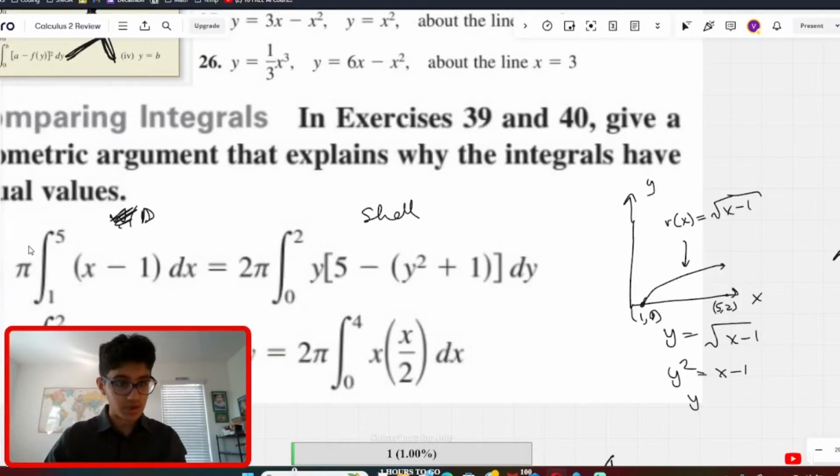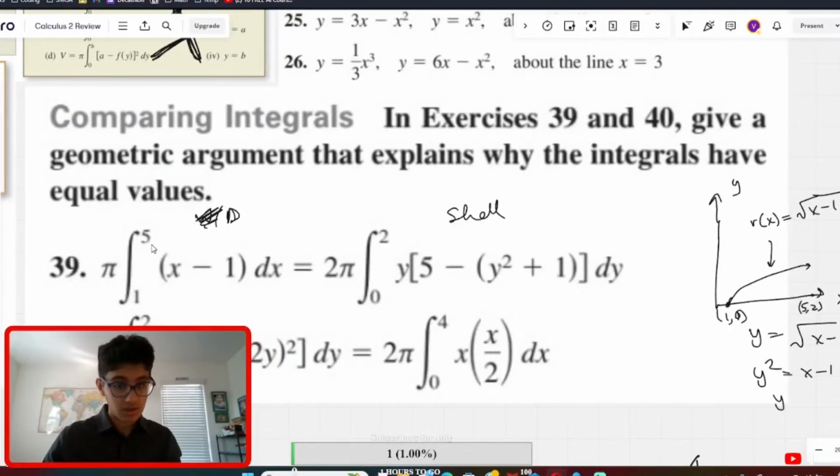And obviously from here, you can also see which one is easier to evaluate, right? This is much, much easier to evaluate because it's just x minus 1. Here you've got a long thing. 2 pi doesn't matter, but this is a bit more complicated. There's going to be a y cubed somewhere in there.